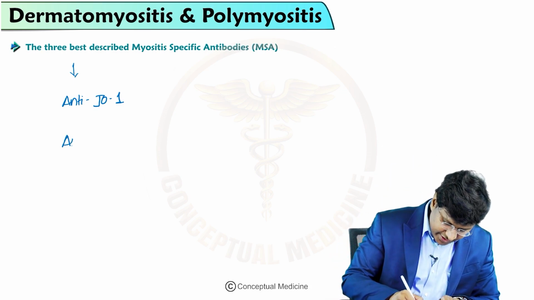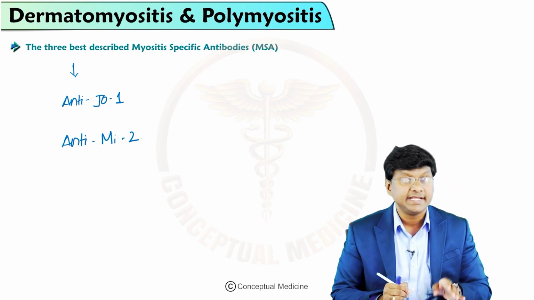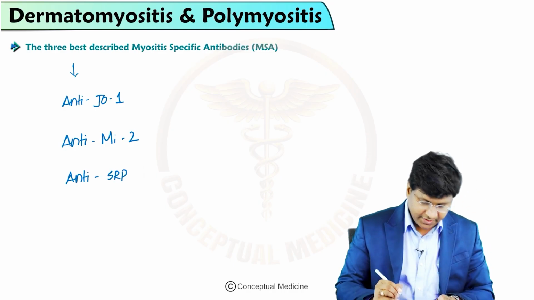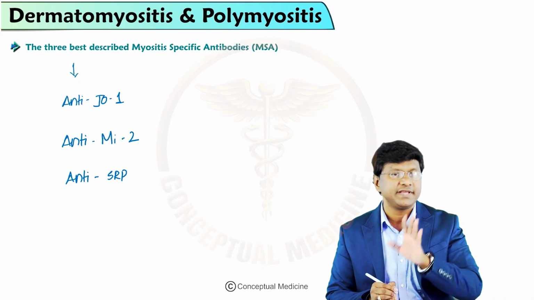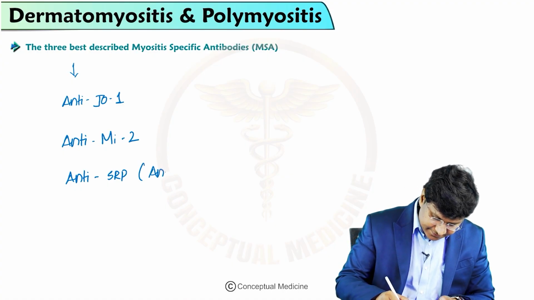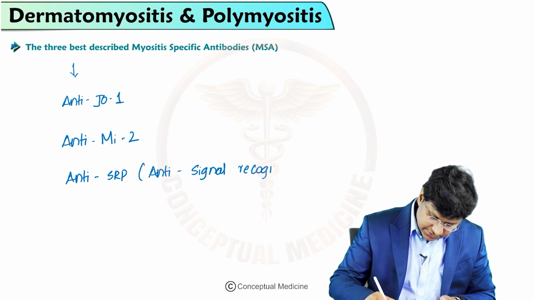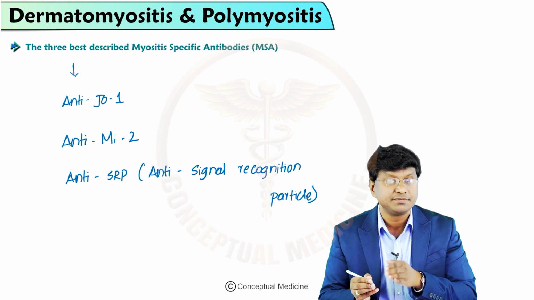And then we have another important antibody, that is anti-Mi2. Then we have anti-SRP. So these are the three best described myositis specific antibodies. And what does SRP stand for? It is anti-signal recognition particle.